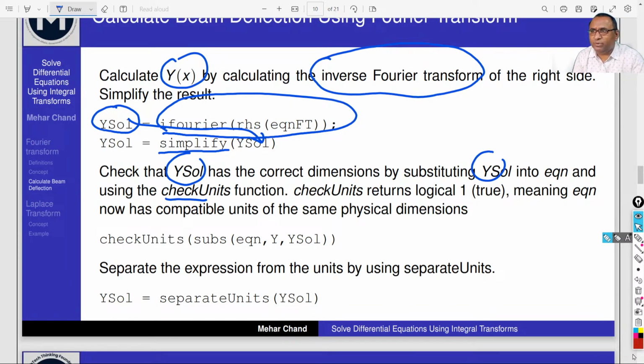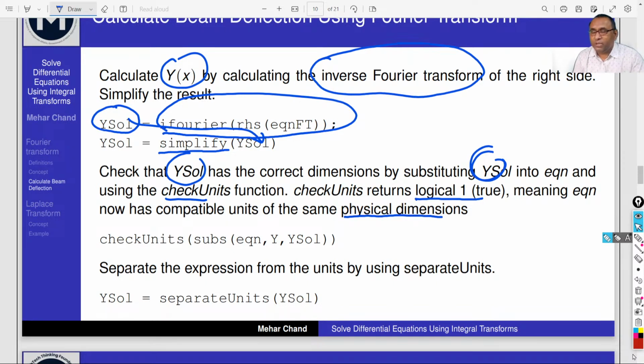Substituting means when we substitute this value in the given differential equation, then this must be true. Okay. So check unit will return the logical 1, meaning the equation now has compatible units of the same physical dimensions.